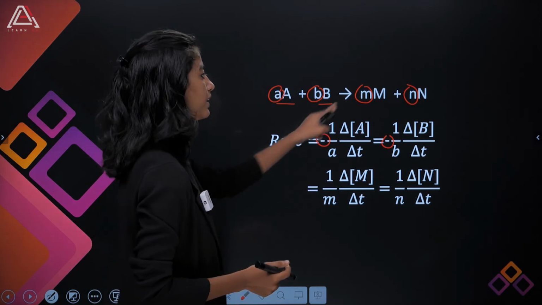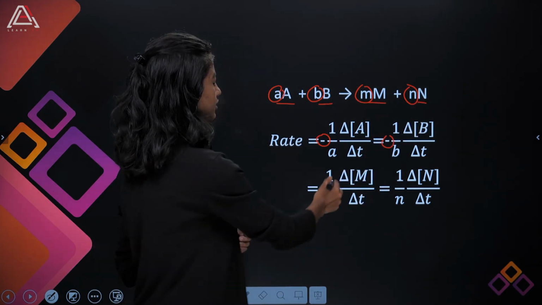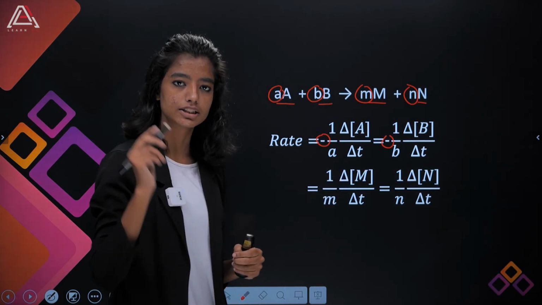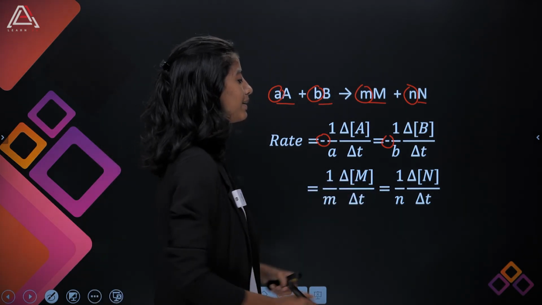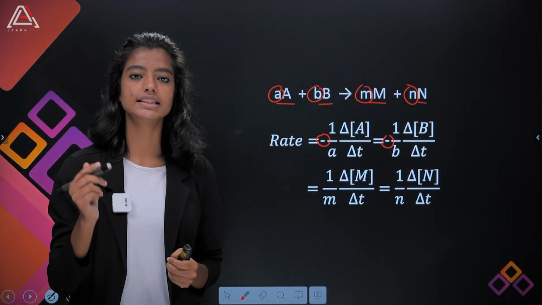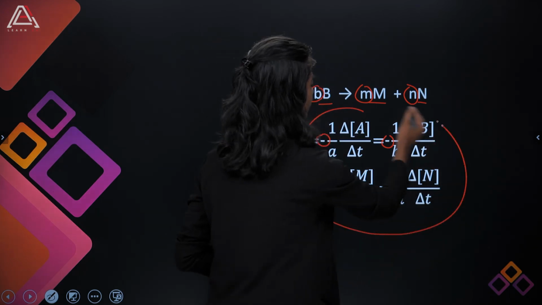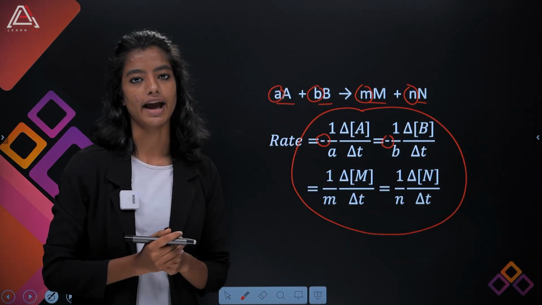Clear? Yes. Now the products M and N. 1 by m into delta concentration of M divided by delta T will be equal to 1 by n delta concentration of N divided by delta T. So this will be the general rate of this chemical reaction.